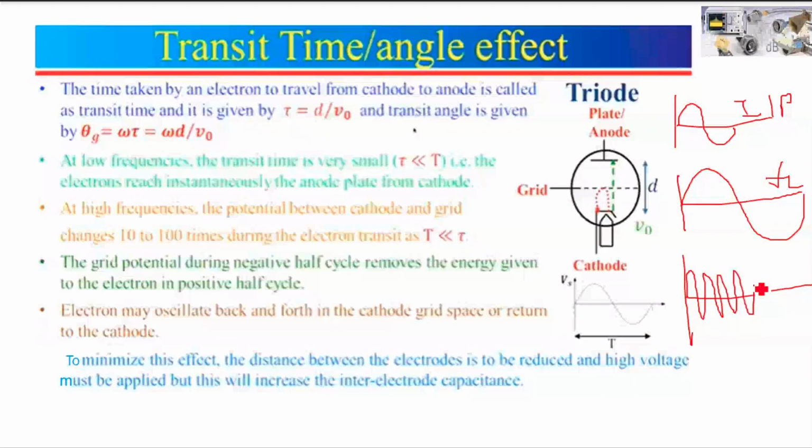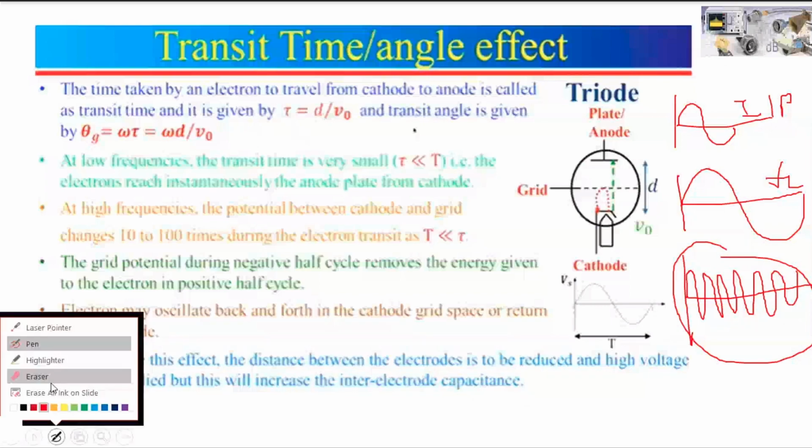Just assume like this. So if this input signal takes 1 turn, this particular high frequency takes multiple turns. Because of this, signal losses will be there at your output. So that is nothing but the transit time effect. So this is basically your transit time effect problem at microwave frequency.